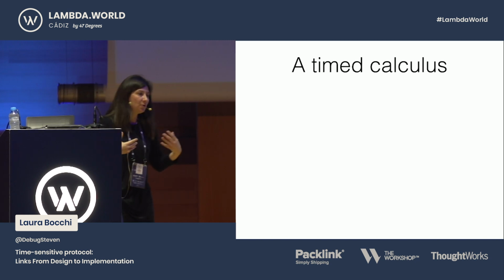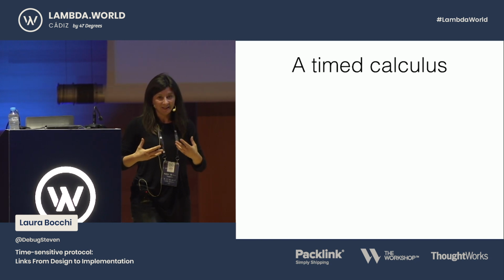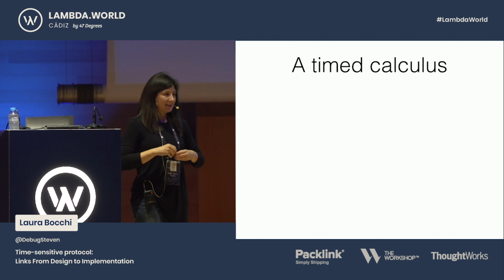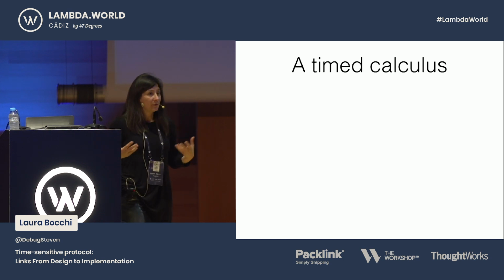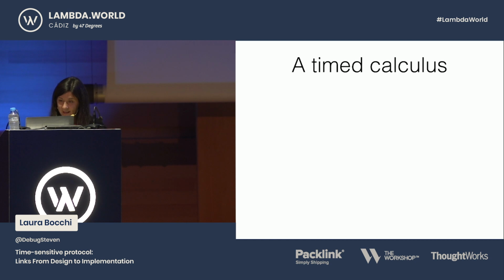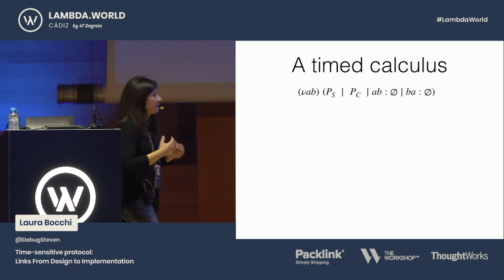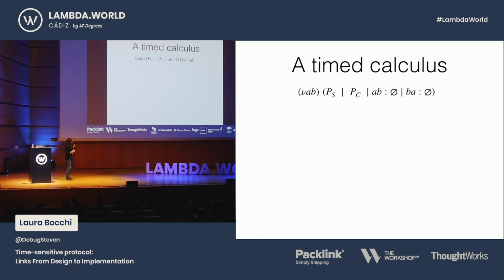Now, a calculus may look unfamiliar as a syntax, but every primitive in the calculus is actually representing some primitive that we are all familiar with and see every day. So I'll give an example of a system in the calculus. The one you see on top there is a system where you have a session.